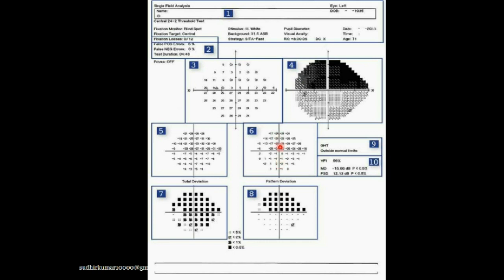But here we can see that the superior half has more negative numbers than the inferior half. This means the superior is less sensitive to light than the inferior. And this should match, but here it is not matching, it is less sensitive, so it is shown in dark.